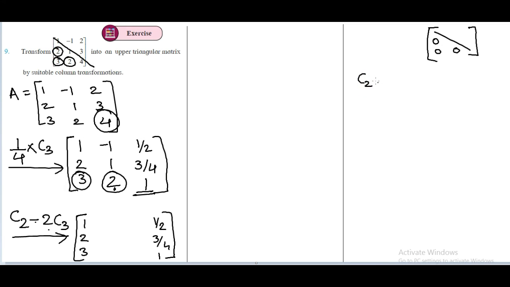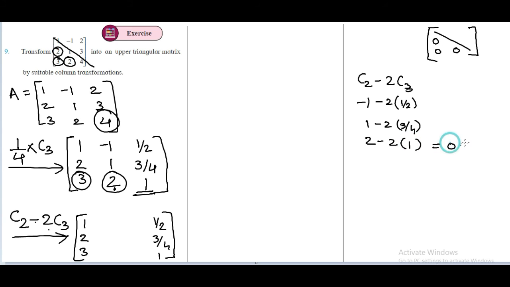That is C2 minus 2C3. Now I will write down the elements of column 2. What are those? Minus 1 1 2. What is the operation? Minus 2C3. Now I'll write down the elements of column 3, that is 1 by 2, 3 by 4 and 1.